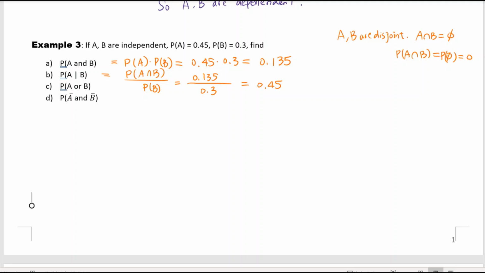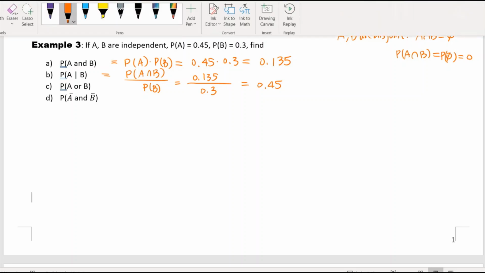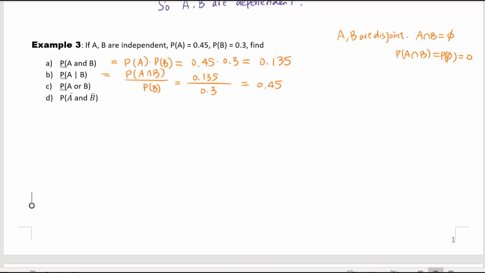Because A and B are independent, P of A given B is equal to P of A. So we don't care about whether B occurs or not. The probability of A stays the same. So that's why this guy equals P of A.